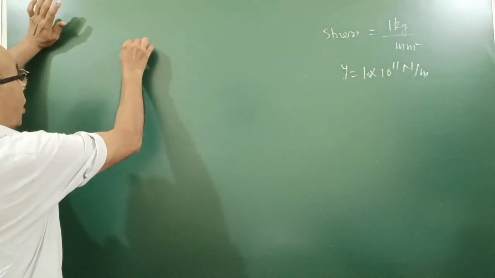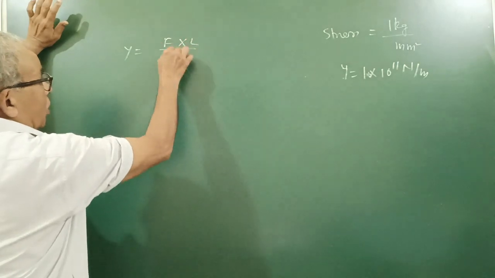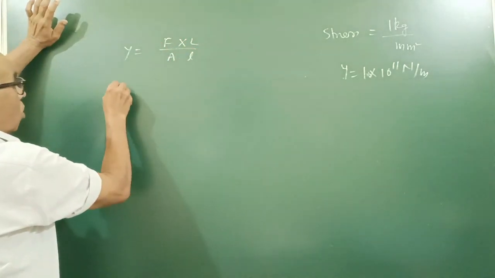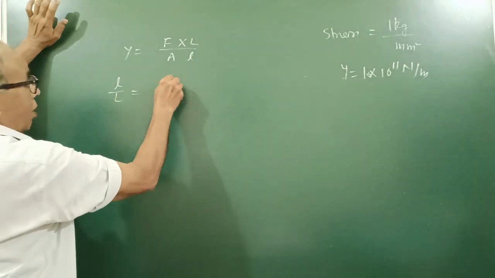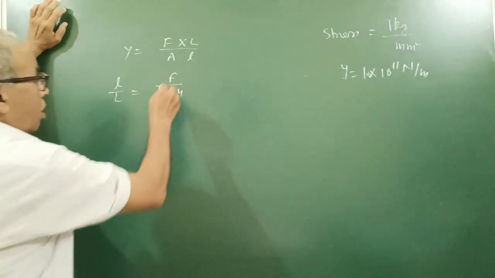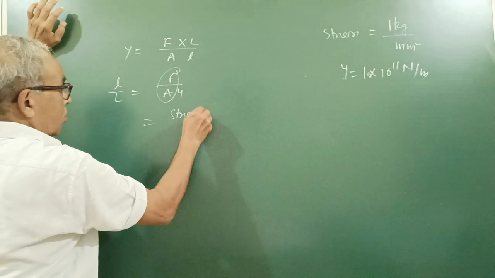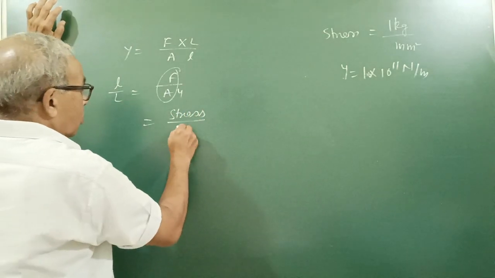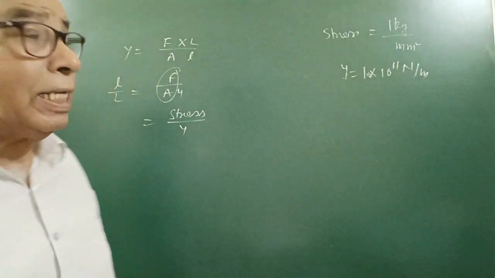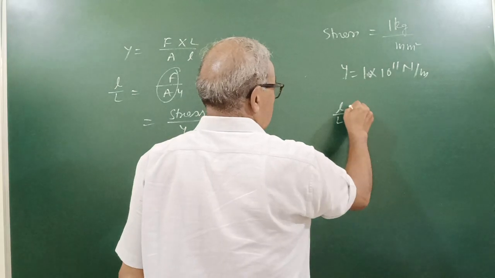You know Y equals F into L upon A into small l, or small l upon L equals F upon A into Y. So F upon A equals stress upon Y. You are asked to find the percentage increase in length, which means l upon L into 100%.